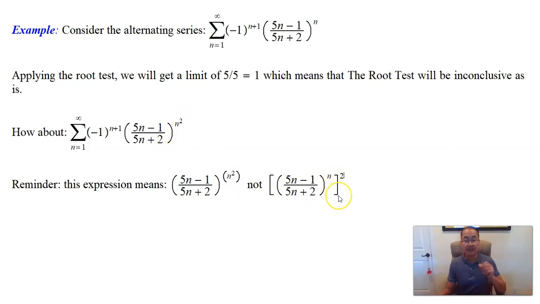Okay? The trouble is that exponentiation is not associative. Right? So a to the b to the c, that symbol by itself, does not mean anything, because a to the b, raised to the power c, is not the same as a raised to the power b to the power c.